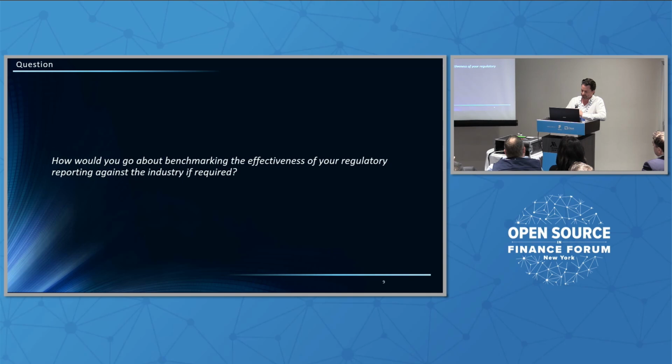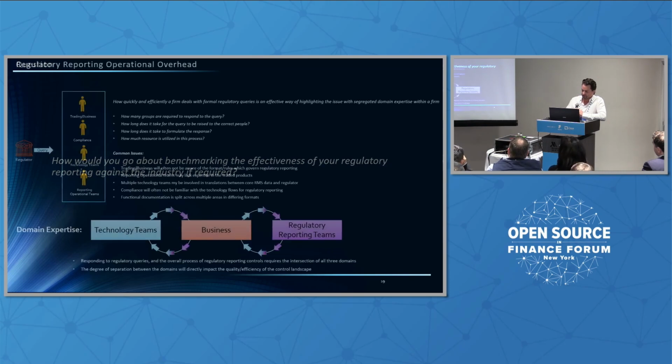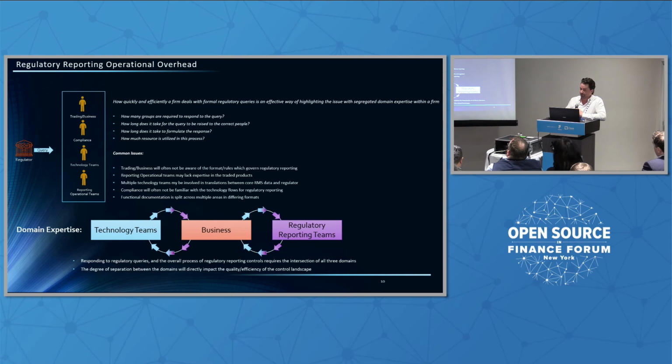We were thinking this through internally because we actually wanted to perform an exercise where we used some KPIs to measure the effectiveness of the operational flows. Now, you may not agree with this, but one or many of you have probably had a regulatory query before, where the regulator contacts you as a firm, asks a question, and you have to respond within a certain amount of time.